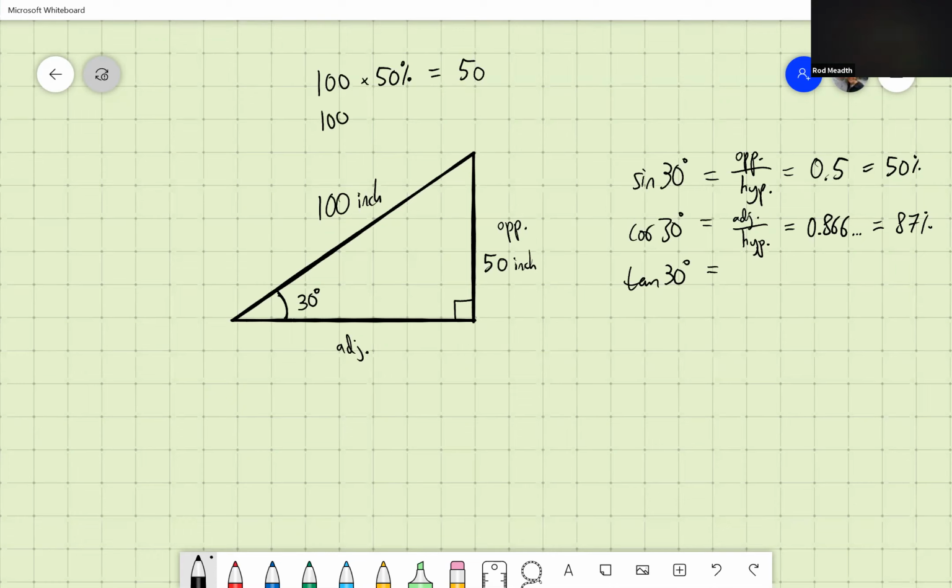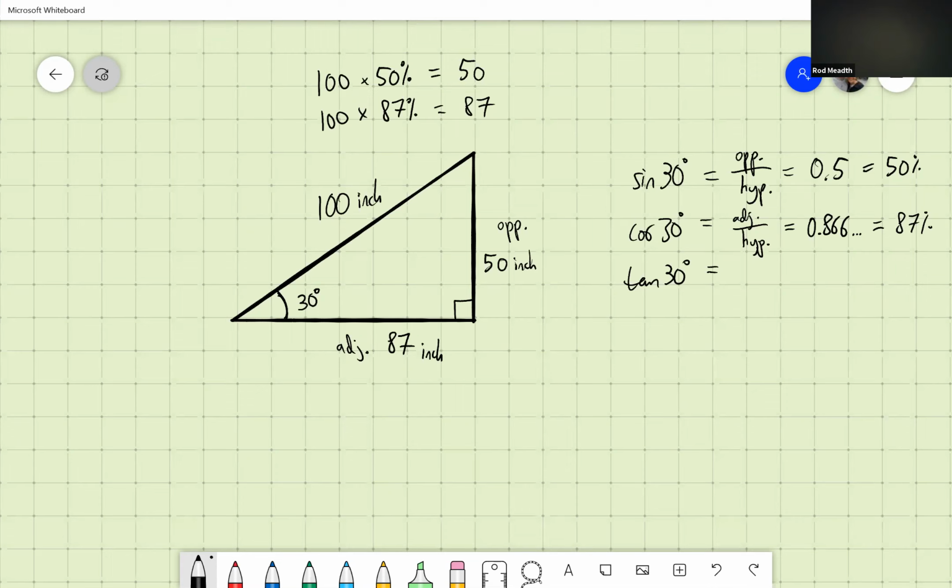Now, obviously, you can see how I chose really easy numbers. 87% of 100 is 87. So this side length here is about 87 inches. And if there are any shrewd ones among you, you might realize that I've actually broken the rules of significant figures when I did this. 100 inches, by what we said in the last video, is only one significant figure.